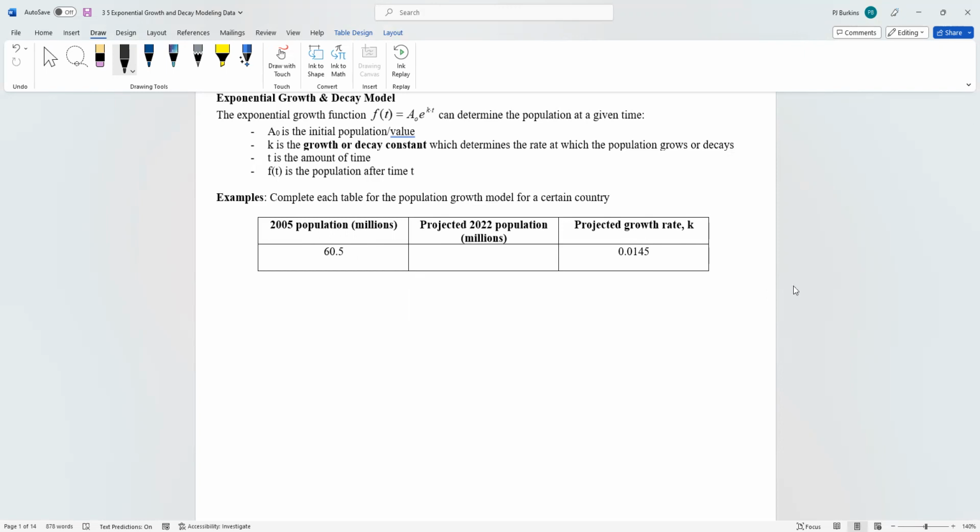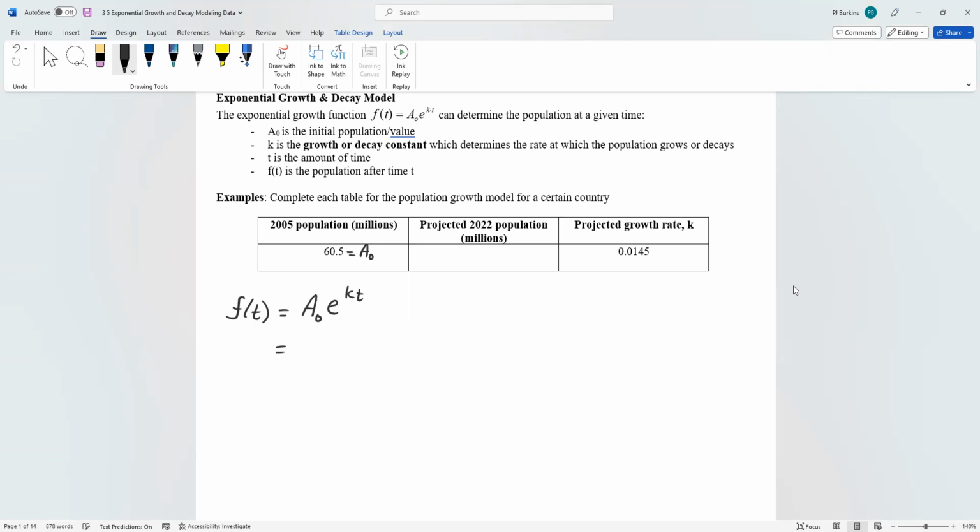So first off, our equation, f of t, we know has to be of the form A0 e to the kt. A0, right, it said was the initial population. And notice it says it's in millions, so we're going to leave it as a decimal, but when we get our new answer, we have to remember that's also in millions.